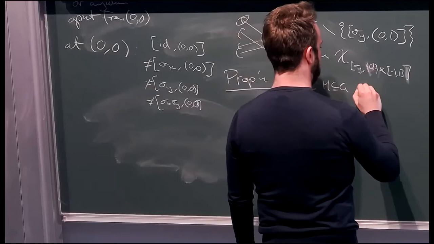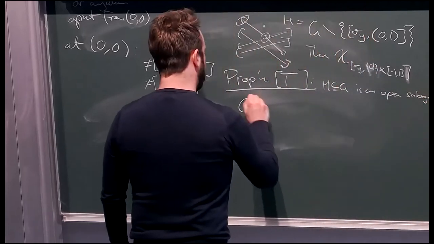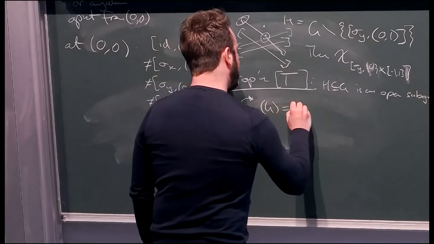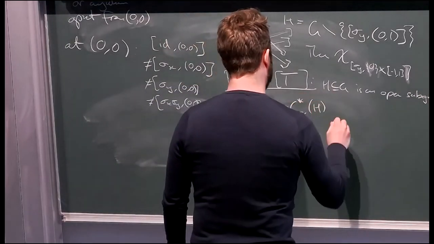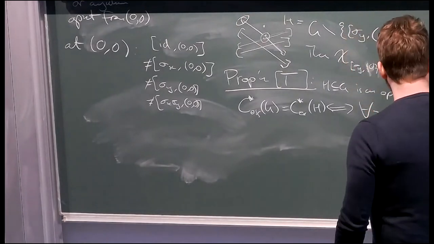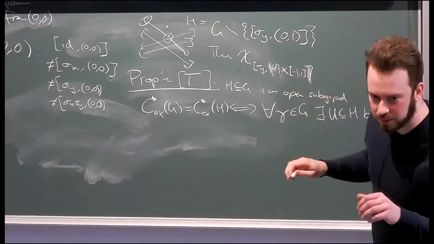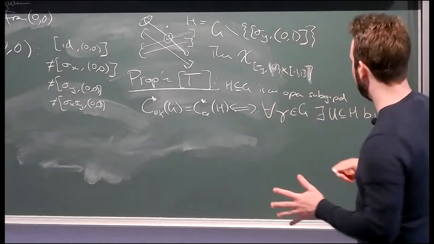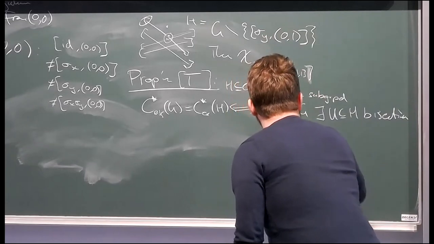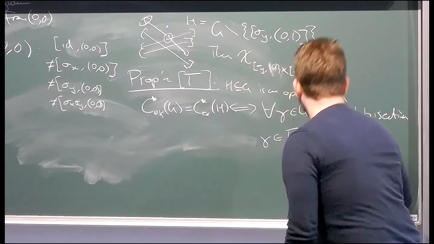If H is an open subgroupoid of G, G is étale, and the unit space is locally compact Hausdorff, and so on, then these essential groupoid C-star algebras agree if and only if for every point gamma in the larger groupoid G, there is a bisection in H such that gamma lies in the interior of the closure of this bisection, and the source of gamma lies in the source of this bisection. I need to be very specific about what I mean by approximating or containing gamma.